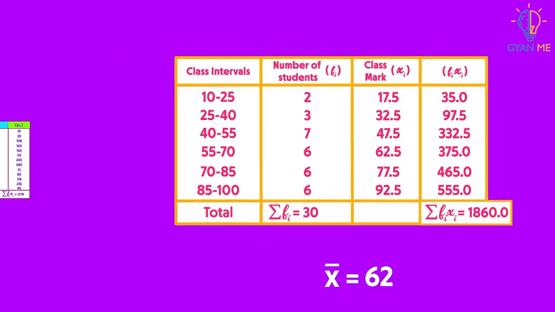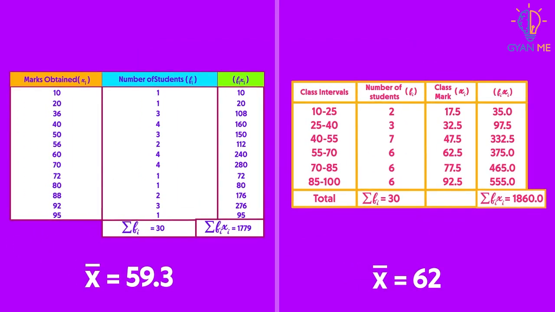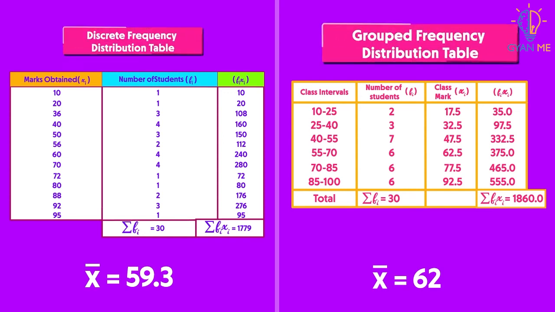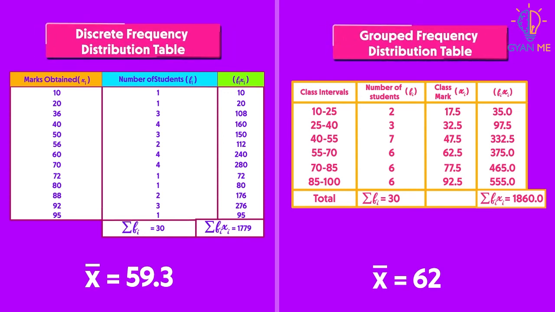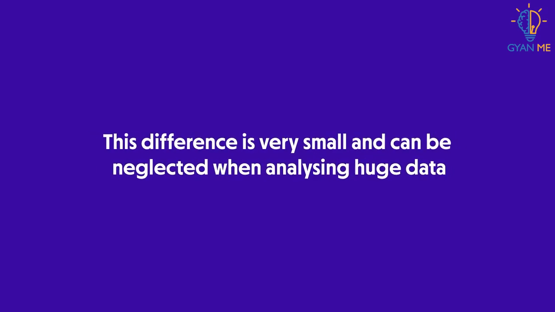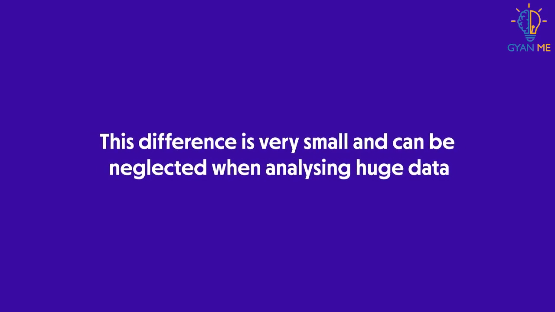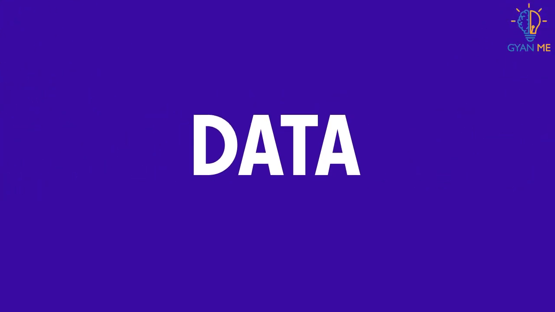And thus, we get different mean even though data and method used both the times were same. But students, this difference is very small and can be neglected against a huge data that we are analyzing.